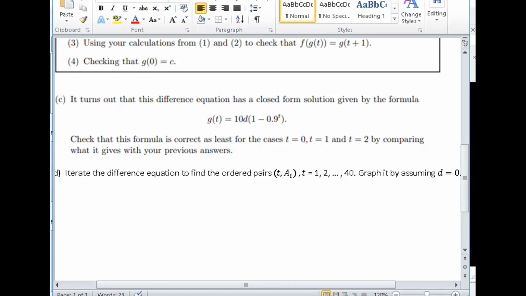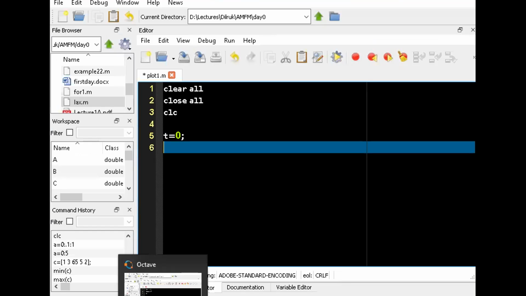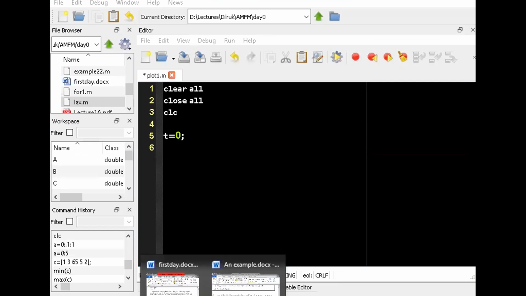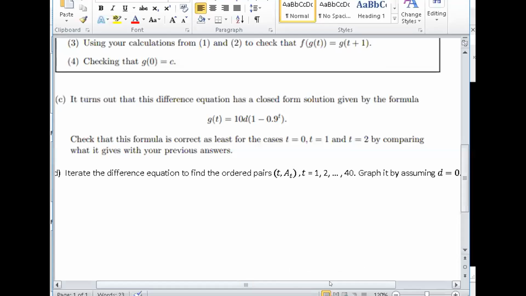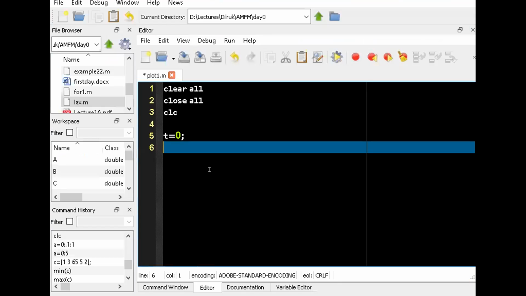So let's initialize those variables. T equals 0, and we have a value for d. What is the value of d? d is 0.01. Let's enter that one as well.